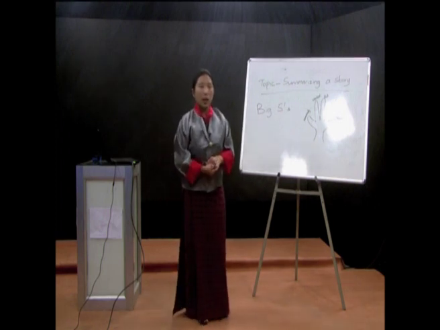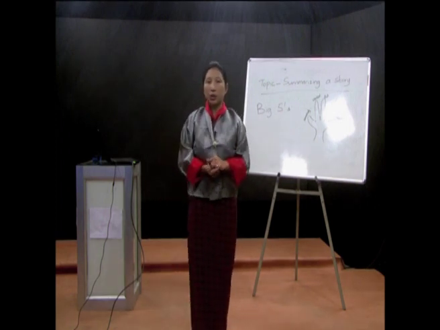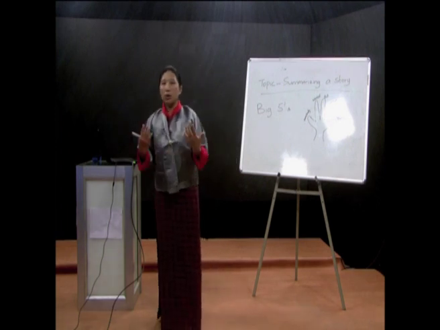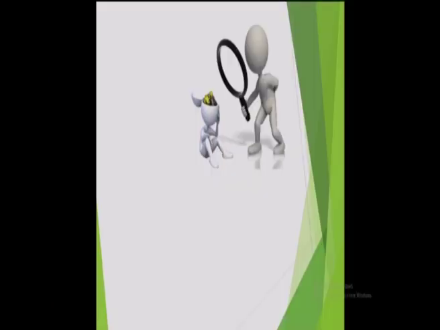Finally, as we come to the end of this session, let us revisit what we have learned. So, can I ask you some questions? Are you ready to answer my questions? I want to check whether the learning objectives are being fulfilled or not.